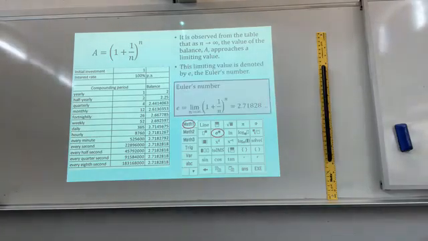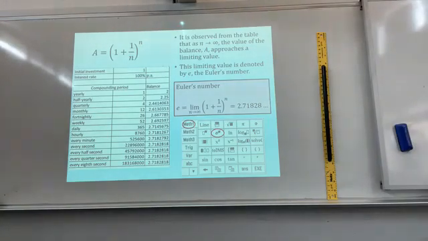The limiting value is denoted by E, Euler's number, which is 2.71828, and that is the notation for E: limit n to the infinity, 1 plus 1 over n, to the power of n.